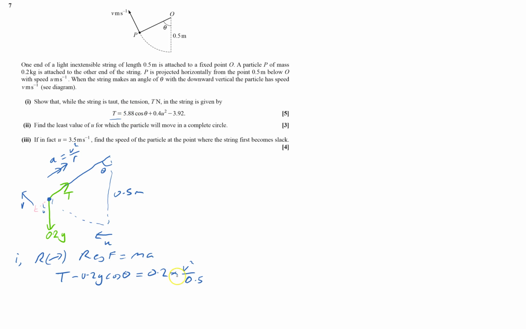And now I need to find out what v squared is, and I'm going to do that by energy. So total initial energy equals total final energy. And I've got potential energy and I've got kinetic energy.